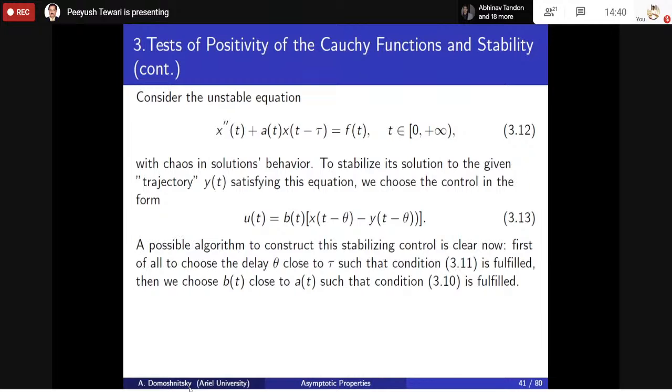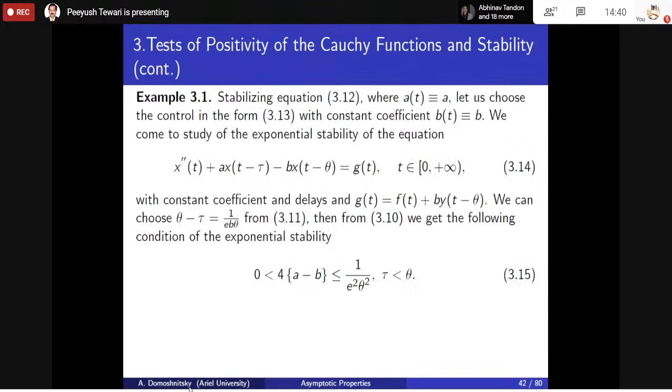Next, please. Okay, and now, in the case that A and B are also constant, we can change, for example, theta such that this equality is fulfilled, and we obtain an inequality for the difference A minus B. Next, please.